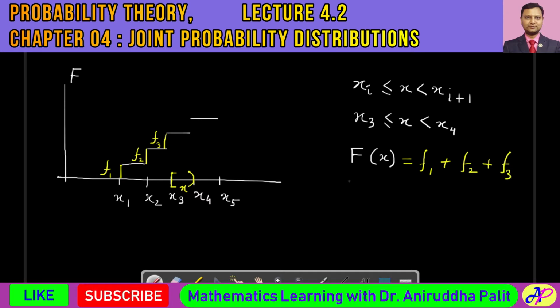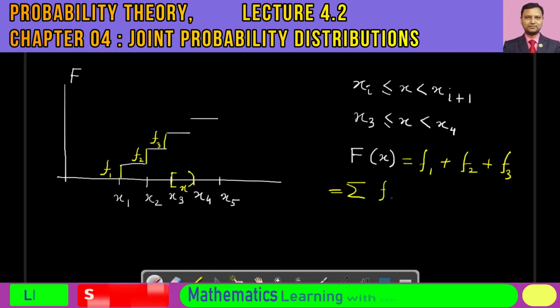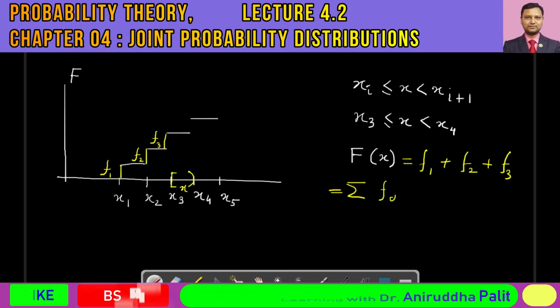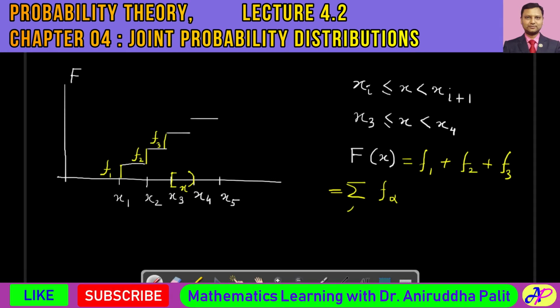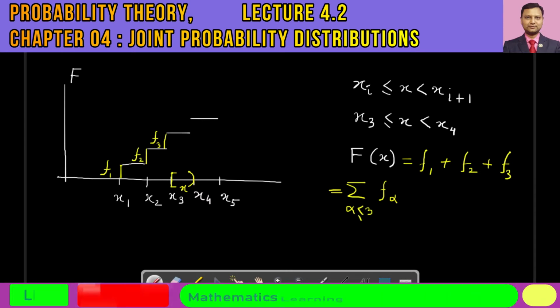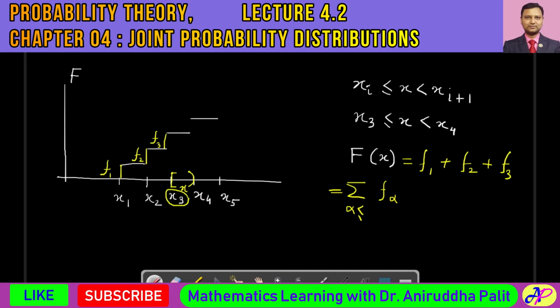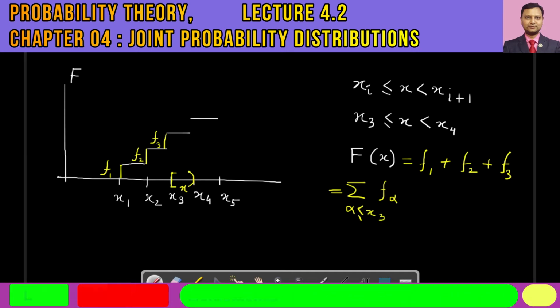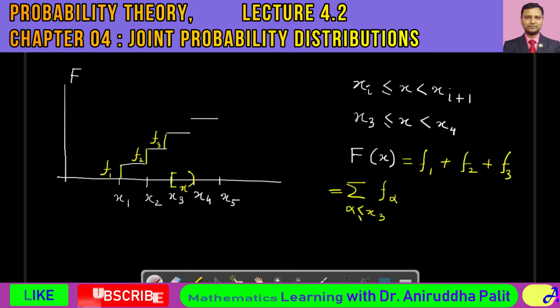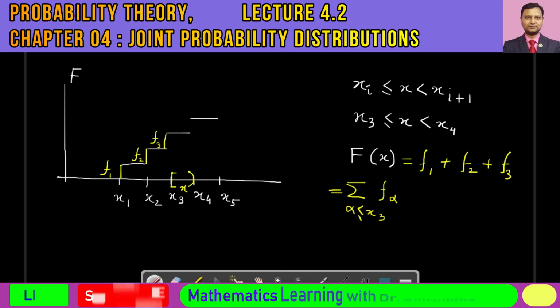Or you can write this as the summation of f(alpha), as per the notation of the book, where alpha should be less than or equal to x. This is the value of the density function at the first point x1, this is the value at the second point x2, and this is the value at x3.